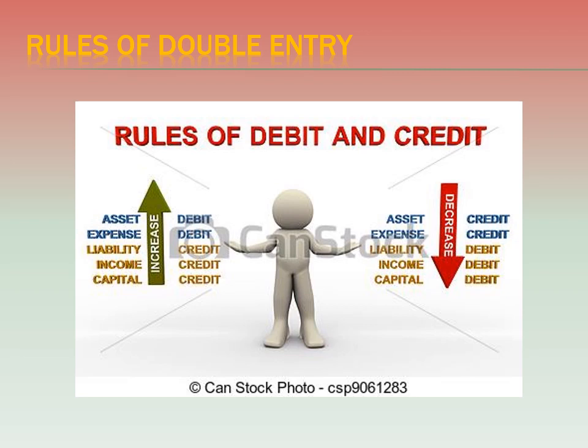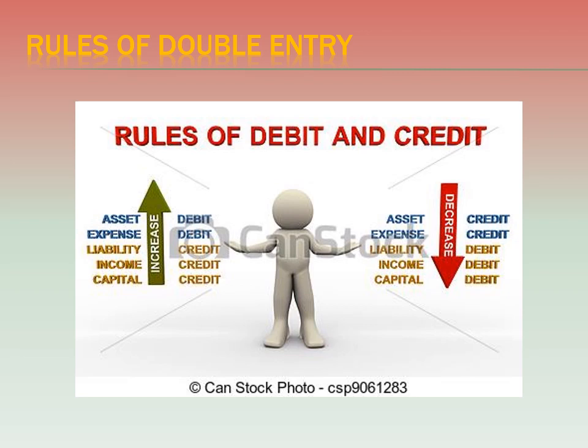So the rules of double entry, or we can call it the rules of debit and credit, are these: if asset, expenses, liability, income and capital increase, as expenses increase, you will debit the transactions. If liability, income or revenue or capital increase, you will credit the items. Vice versa, as expenses decrease, they must be recorded on the credit side.